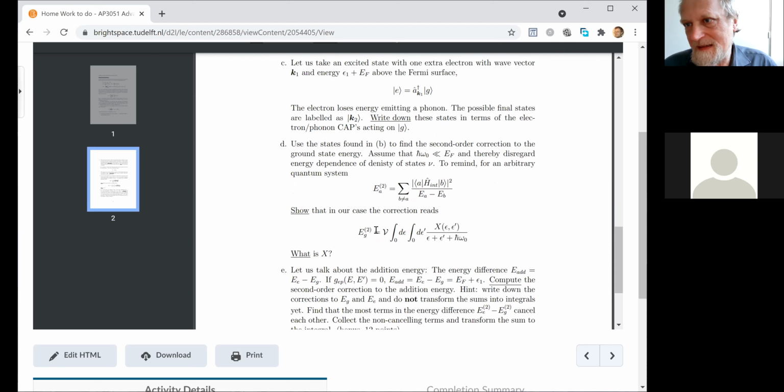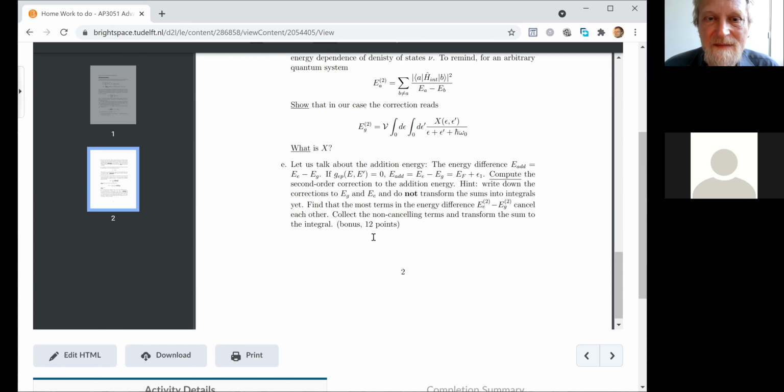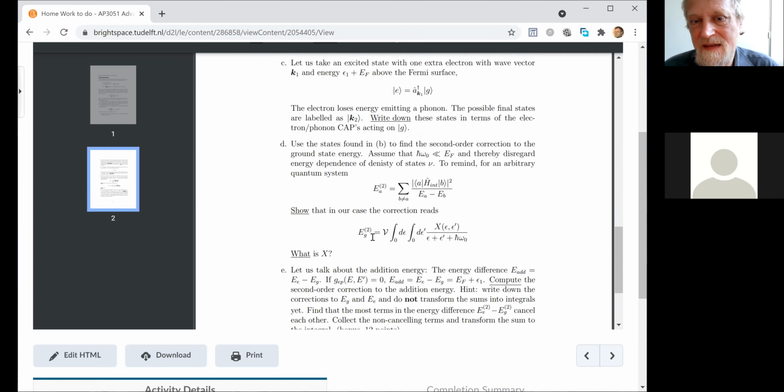Fine. Now, finally, there's some work to do, and this is the correction to the energy of the ground state. That has been already assumed, and okay, we repeat it. It is a bit of repetition. We just got energy dependence of density of states, and we compute this energy, right? This is the general formula.